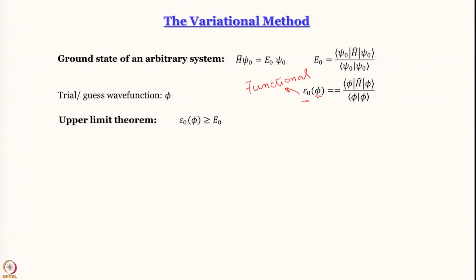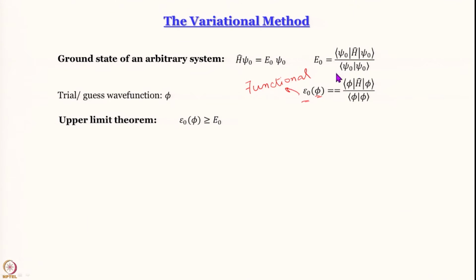So, let me just do an executive summary to make sure that we are not left in the lurch. See, I do not know what psi 0 is, but psi 0 is the actual wave function. Even though I do not know it, it is there, right. Maybe there is some way of finding it, or maybe there is no easy way, but I do not know how to find it, and right now I do not bother, right.